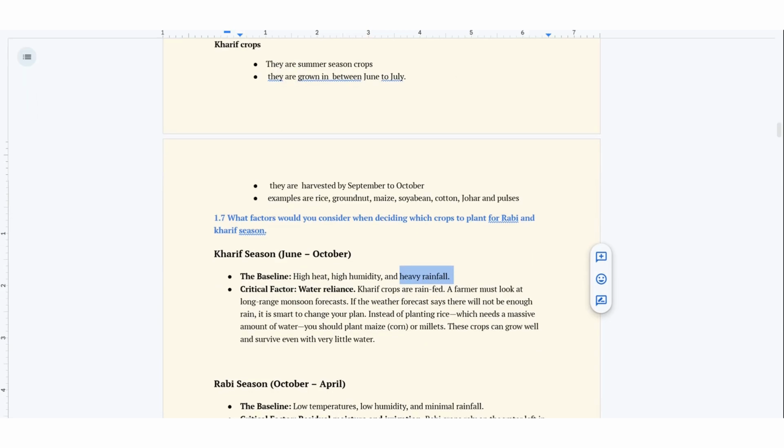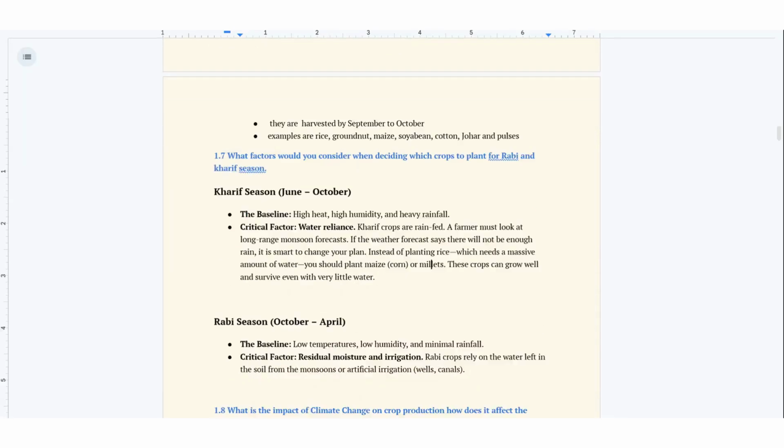So, the critical factor, we look at the weather forecast. If monsoon will be good, then we go for plants like rice. If the monsoon is not that good, meaning there will be very less rainfall, then you go for the plants which require less water, like corn and millets.